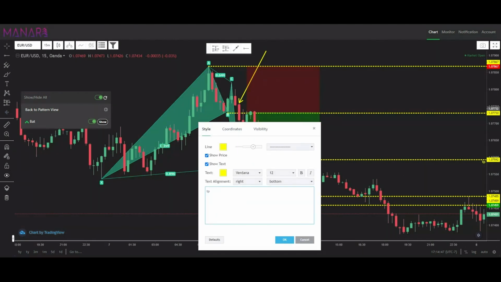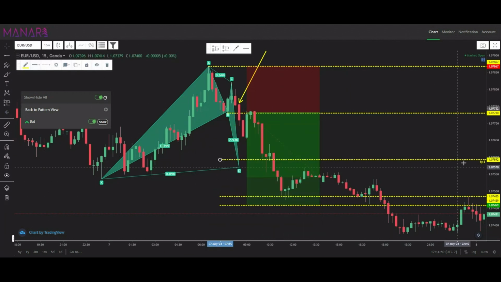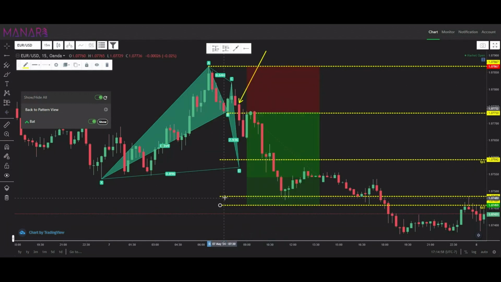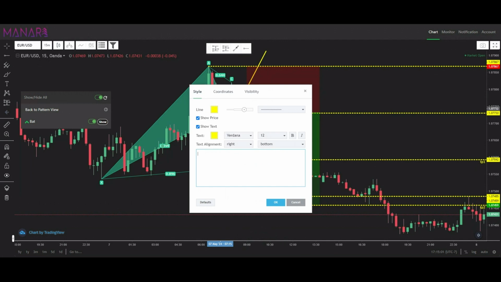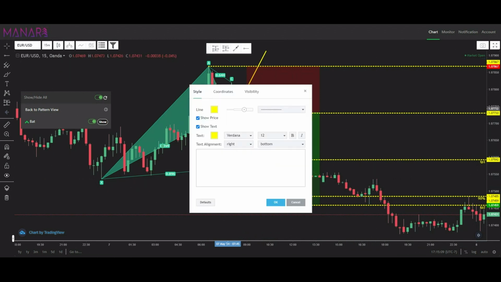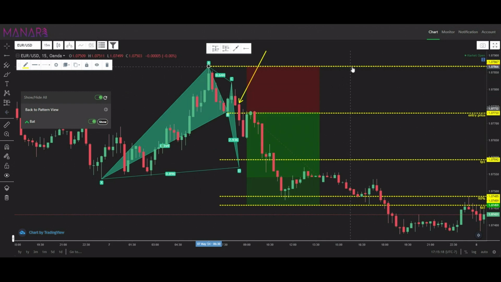This is TP1 right there, TP1. And this right here, this is TP2. This right here, I'm just going to put 90%. This is 90% profit, right? And this is the entry price. And this right here, the stop loss.